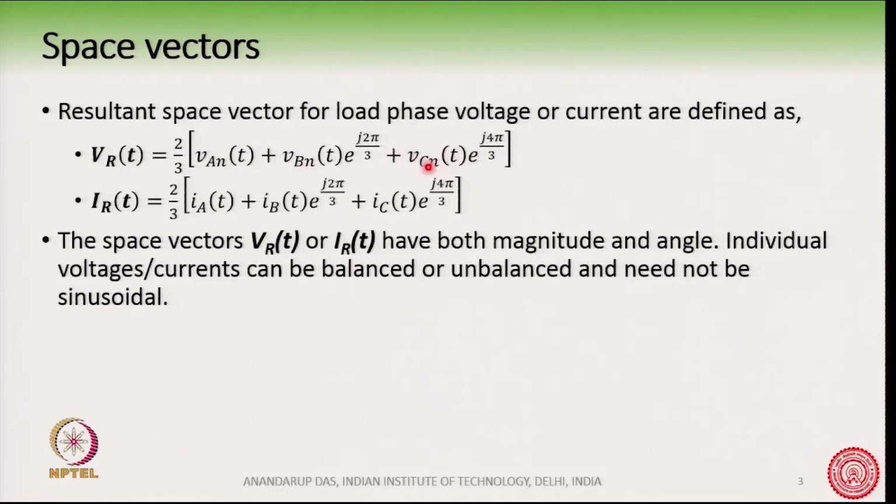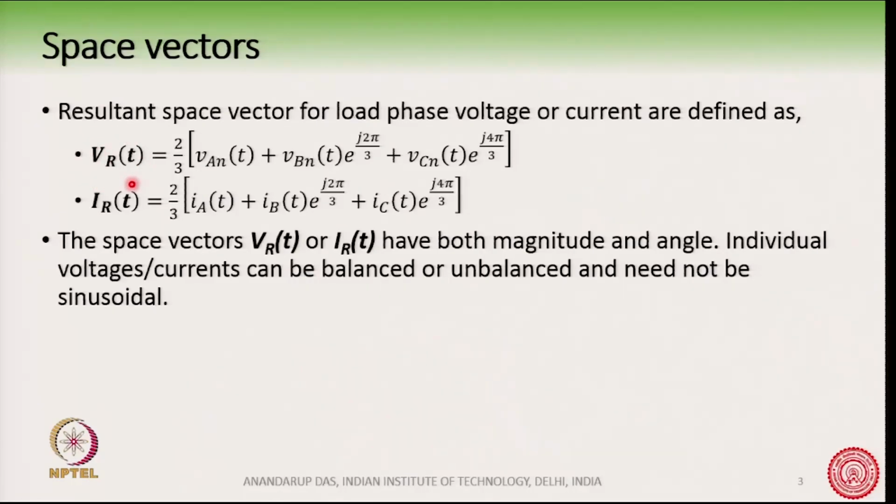We multiply VBN and VCN by this operator, which helps us represent the 3 quantities by a single uniform vector, that is VRT.